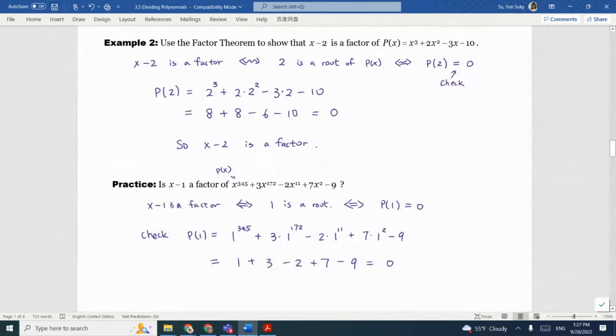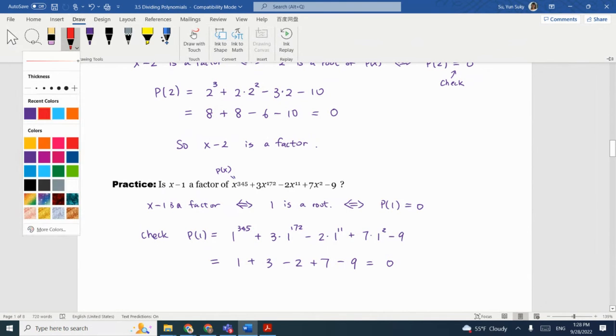So you might think of, okay, to show this is a factor, can we do division? Can we use this polynomial divided by x minus 2 and we get something to show it is a factor? Yeah, you can do that. But in that problem, let me write it down.